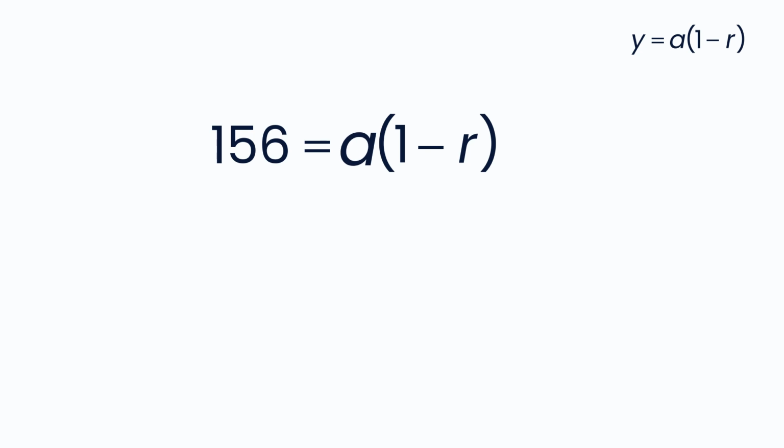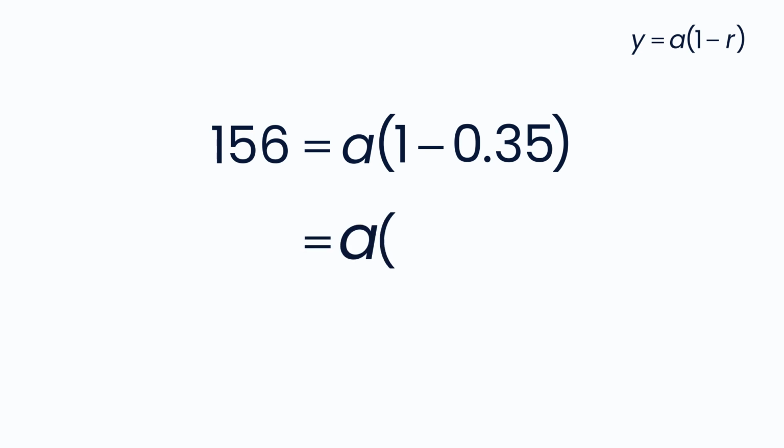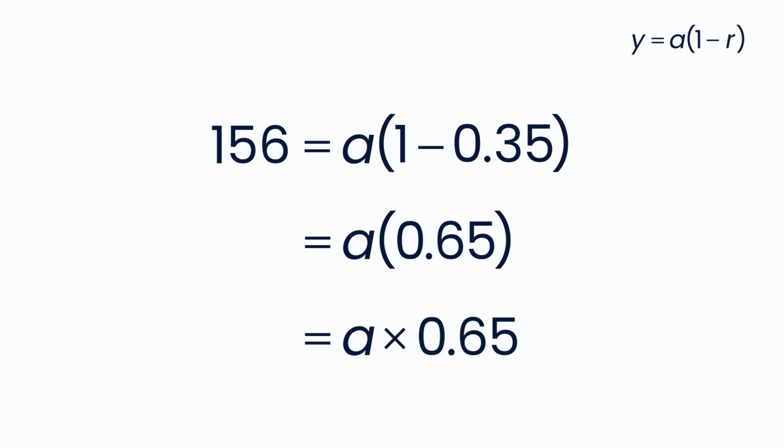The initial amount, a, represents the number of cookies sold in Week 1, which is the unknown. The decay rate, r, is equal to 0.35, since there was a 35% decrease in cookies sold from Week 1 to Week 2. 1 minus 0.35 is 0.65. That means the decay factor is 0.65.